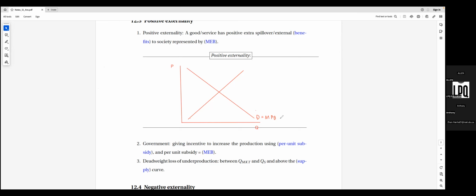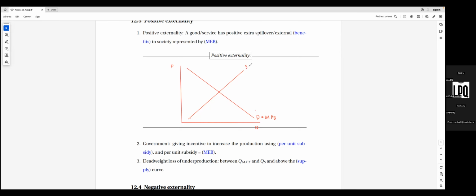Graphically, the demand curve and MB coincide with each other, so mathematically we can write down D equals MB. But today, we just need to be more specific. The benefit we are discussing now is the private benefit, because you only consider your own benefit you can get from the vaccination. So we write down D equals MPB.